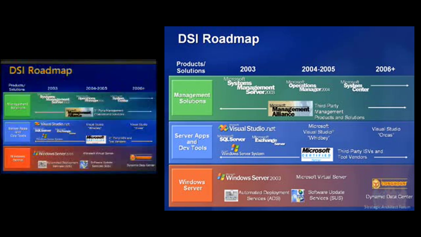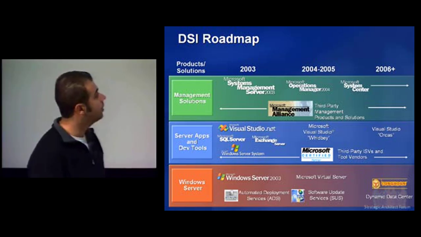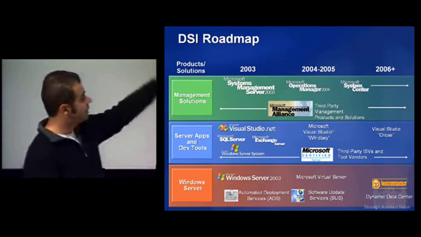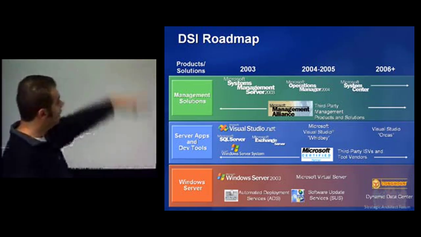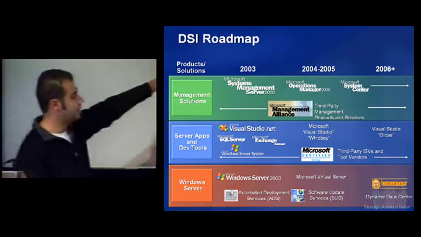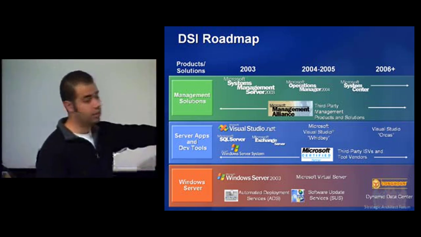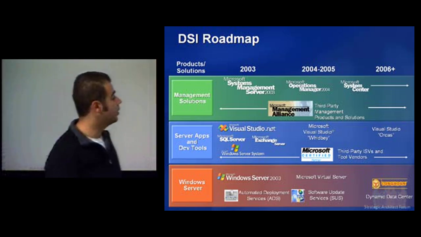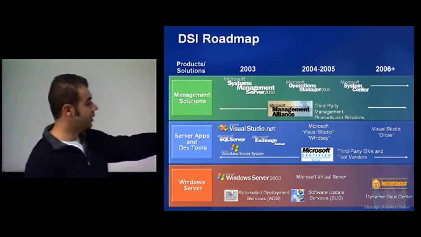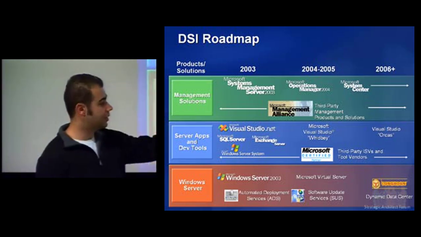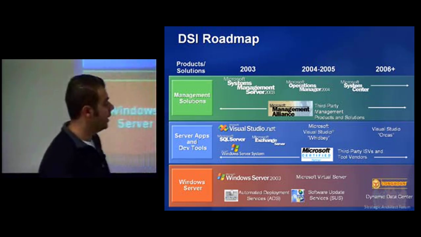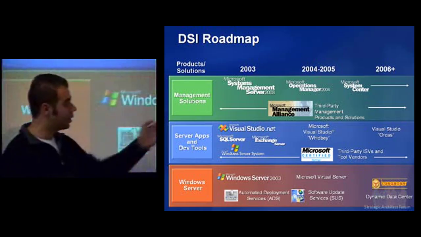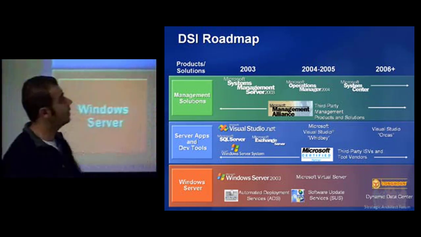And this is the roadmap that we're on. SMS 2003 was released in 2003. It's broken up into management, server apps and dev tools, and Windows Server. Windows 2003 and ADS were released. Microsoft Virtual Server is about to be released, and then Longhorn and Dynamic Data Center are in that wave.